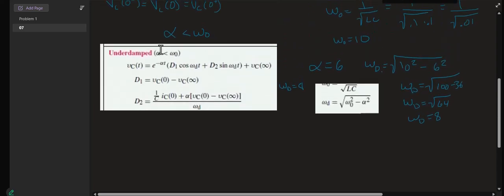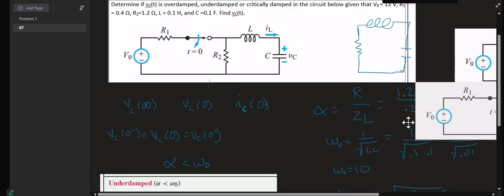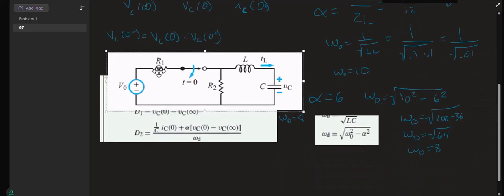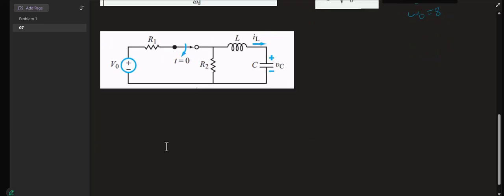So we have to do that first. At 0 minus, we assume it had been like this for a long time, and when it has been like this for a long time, the inductor acts as a short circuit, so it's just a straight wire, and the capacitor acts as an open circuit.